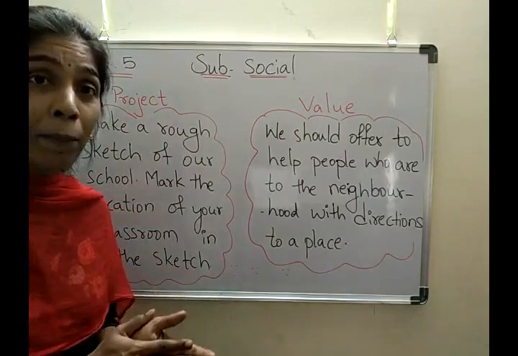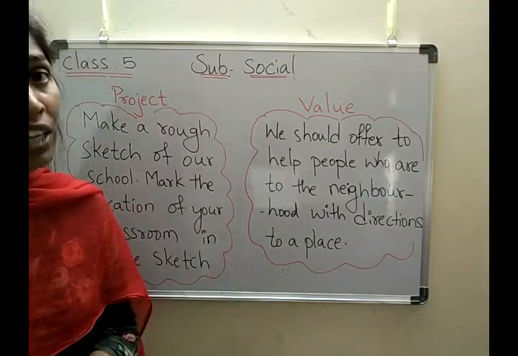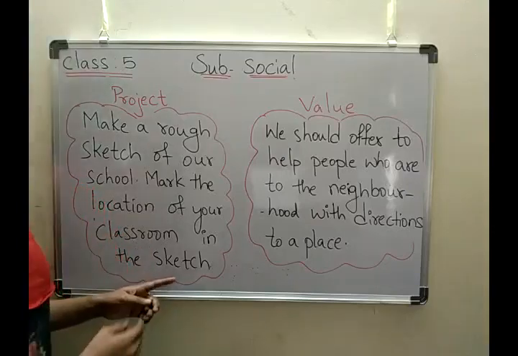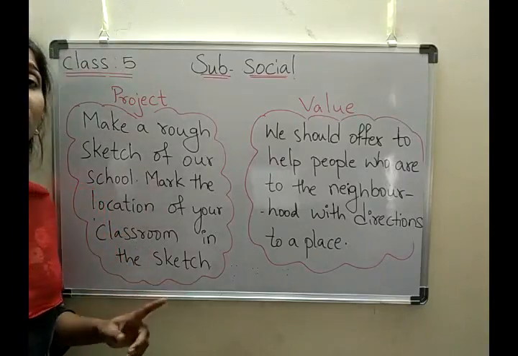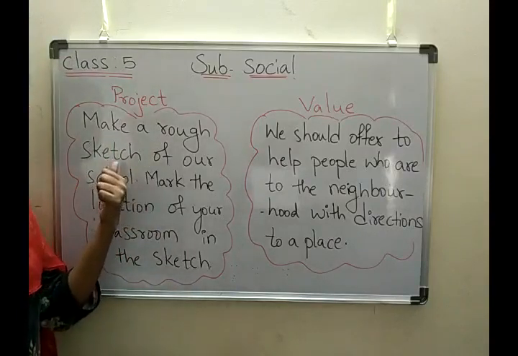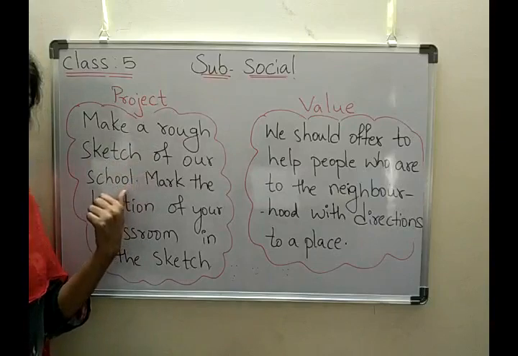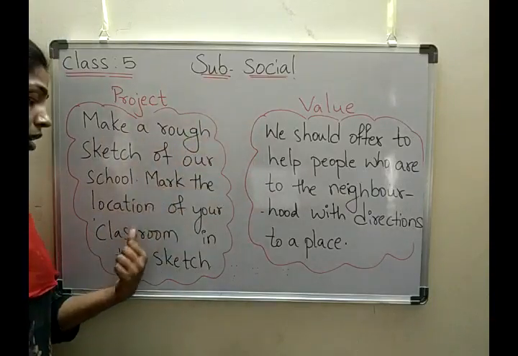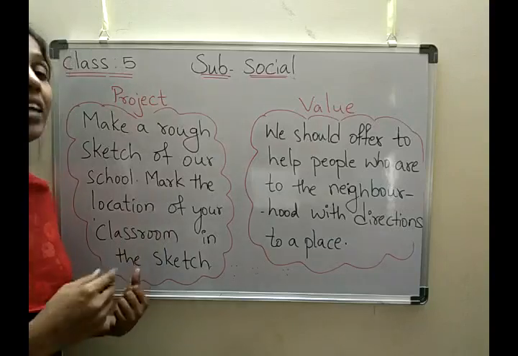And coming to map, a map is a drawing of the earth's surface and a map is scaled. Understood, children? What is a sketch? A sketch is a rough drawing. Draw a rough sketch of our school and mark the location of your classroom in the sketch.